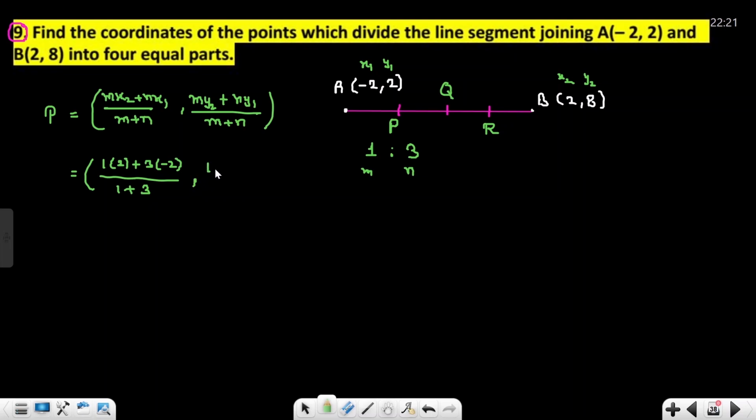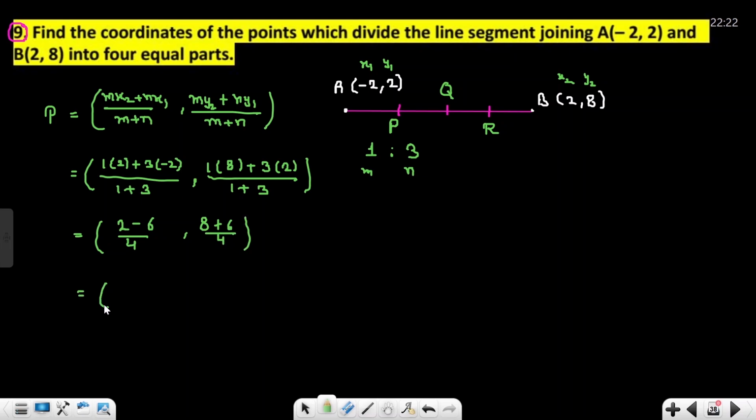M value is 1, y2 value is 8, plus n value is 3 and y1 value is 2, divided by 1 plus 3. This is equal to 1 into 2, 2, 3 twos are 6, sign negative, divided by 4, and 8, 3 twos are 6, divided by 1 plus 3, 4.